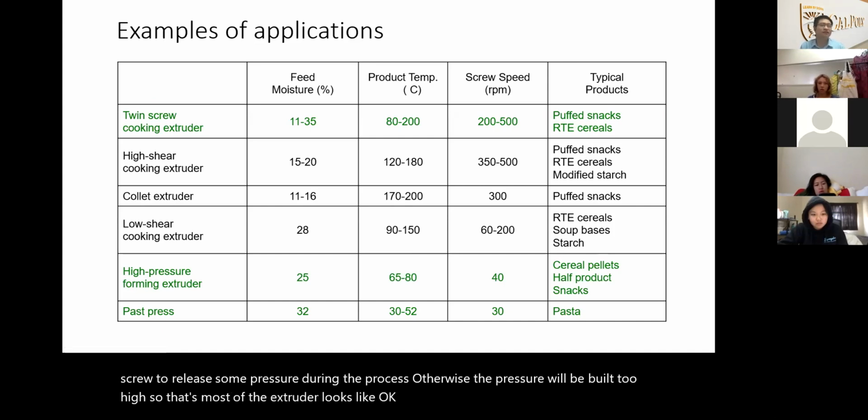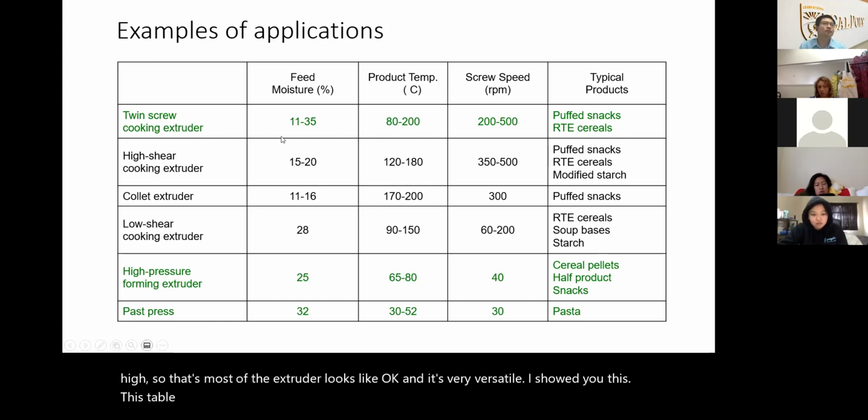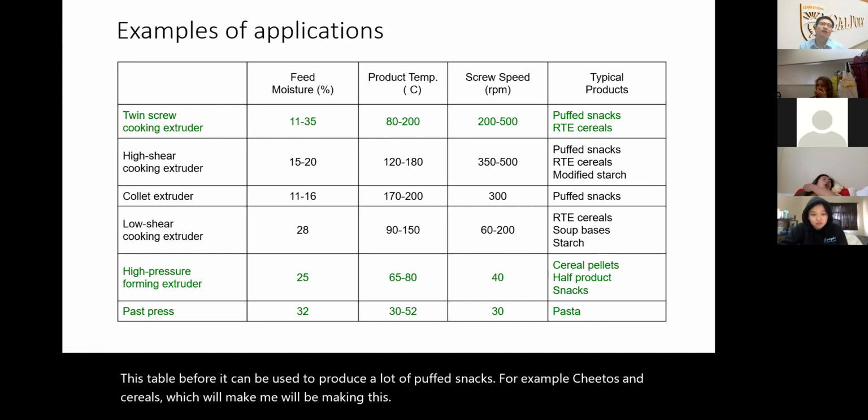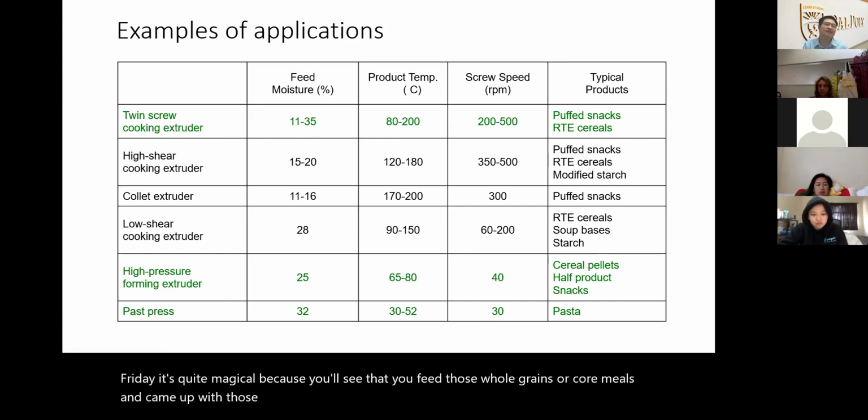And it's very versatile. I showed you this table before. It can be used to produce a lot of puffed snacks, for example, Cheetos and the cereals, which we'll be making this Friday. It's quite magic because you'll see that you feed those whole grains or cornmeals, and they come out as those snacks in just a few seconds.